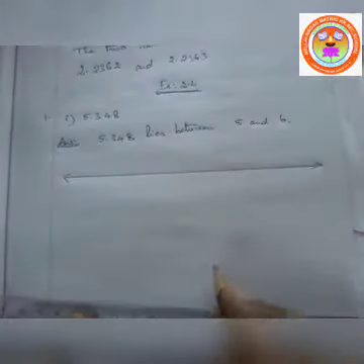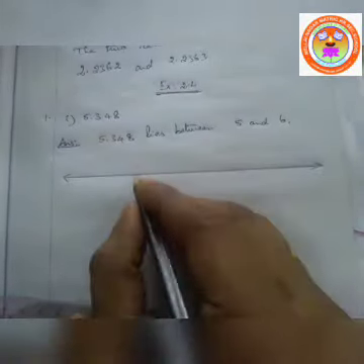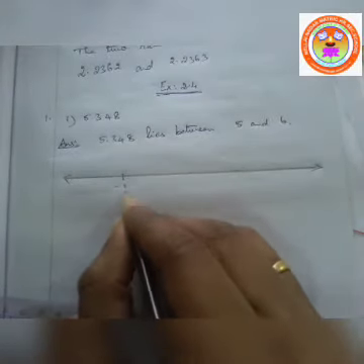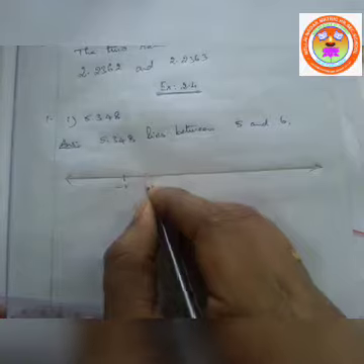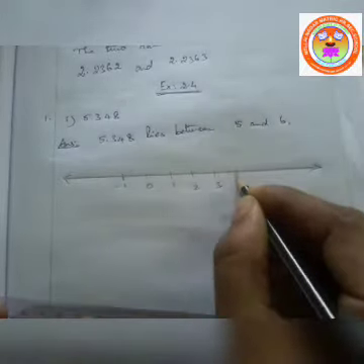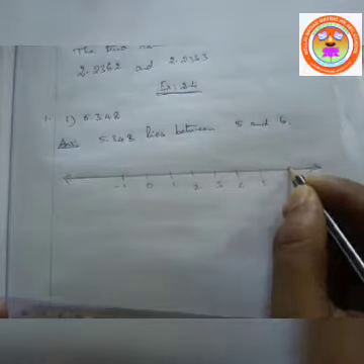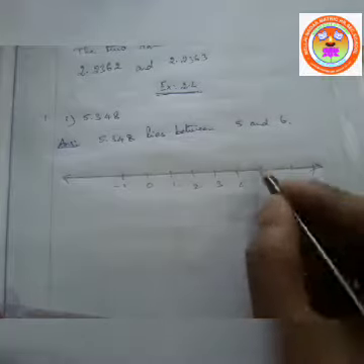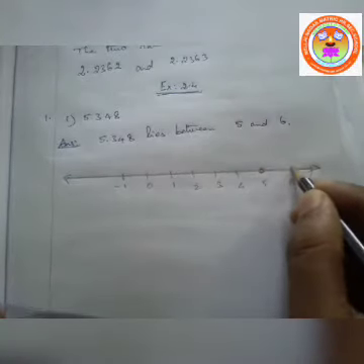Since it is between 5 and 6, I am going to write here 5 and 6, with minus 1, 0, 1, 2, 3, 4, 5, 6, 7. So it lies between this 5 and this 6.